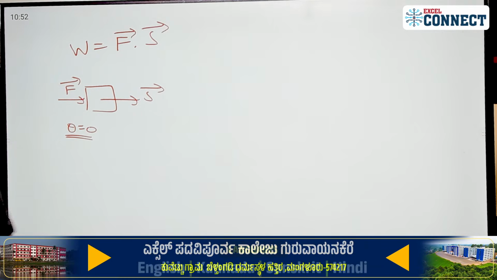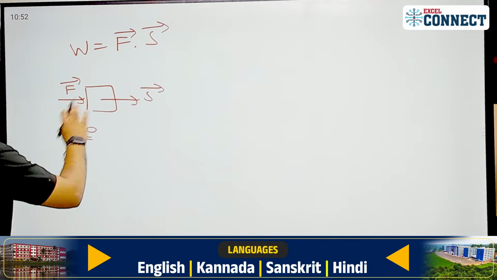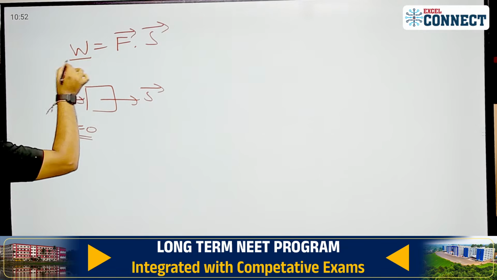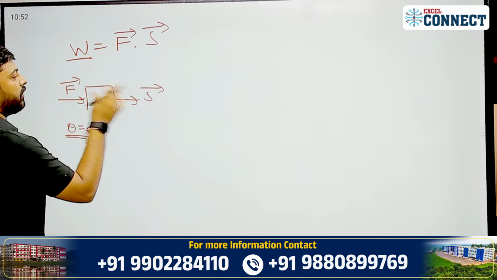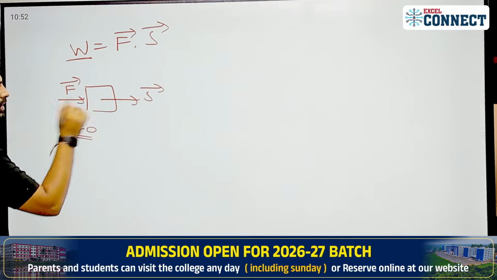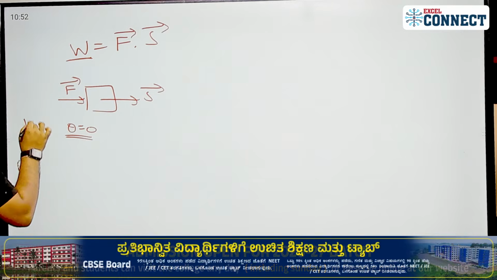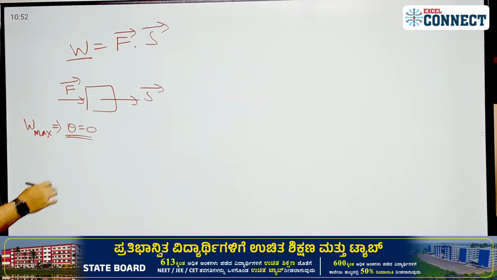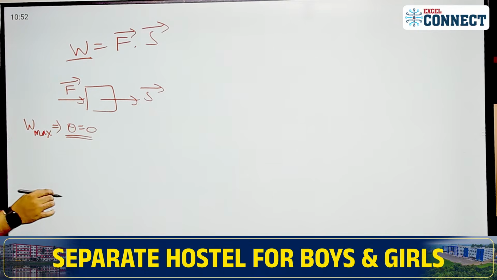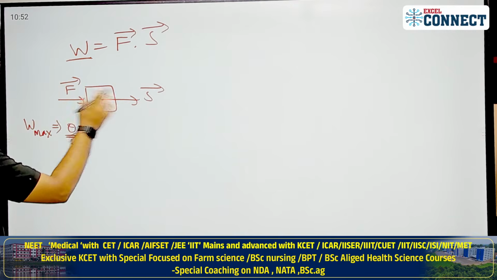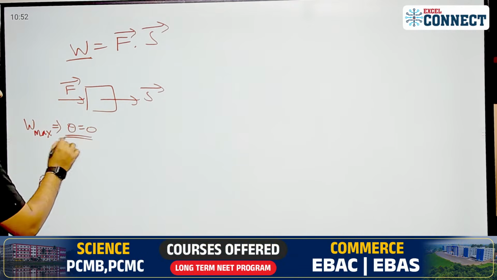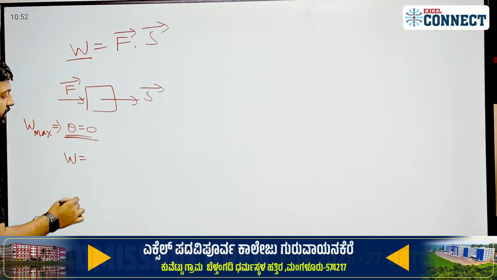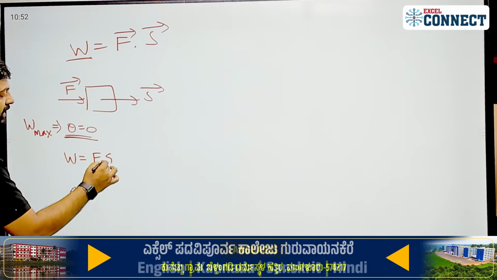These two are vectors, but to calculate work done, the formula is the product of force and displacement, and work done is maximum when the angle is 0. Since work done is maximum when two vectors are in the same direction, we can use F into S cos theta.